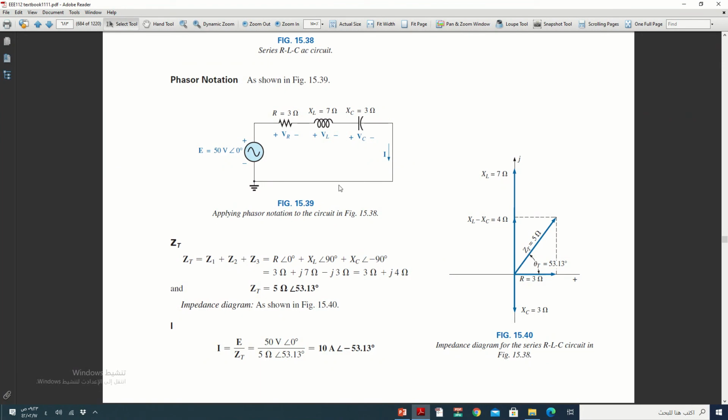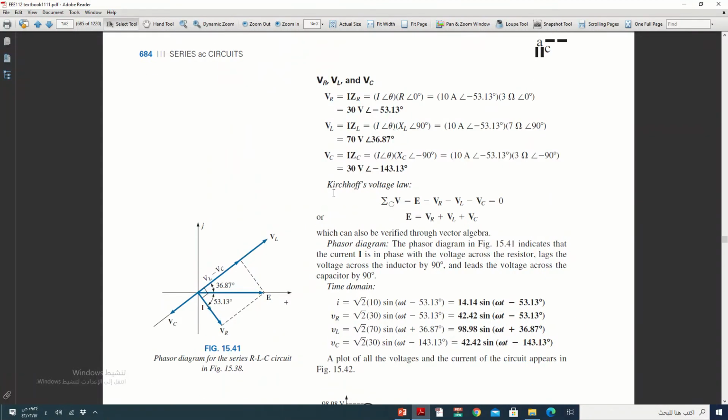And from the values, you can also decide whether it is lagging or leading. See here, the value of the inductor is bigger than the value of the capacitor. This means the behavior of this circuit will be affected by the inductor. This means the current will lag the voltage by 53 degrees, as we calculated here, and we found that it is lagging, and the inductive element has more effect in this circuit than the capacitor.